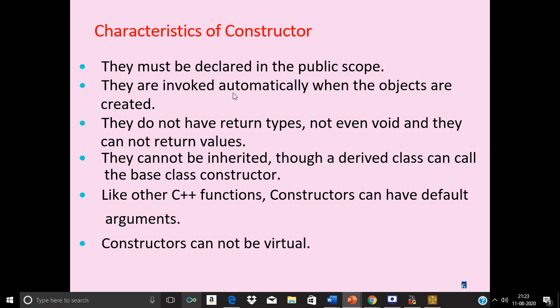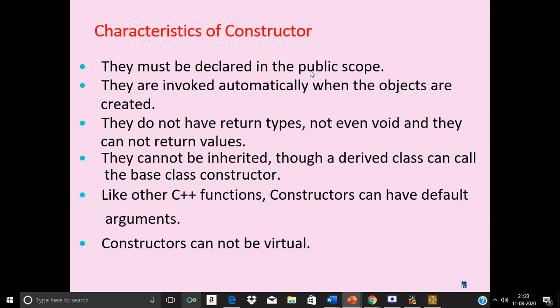There are some other characteristics of constructors. They must be declared in the public scope only. If we define them in private, of course, private member functions cannot be accessed except through the public member functions. Whenever we create an object for the class, normally the constructor should be invoked.